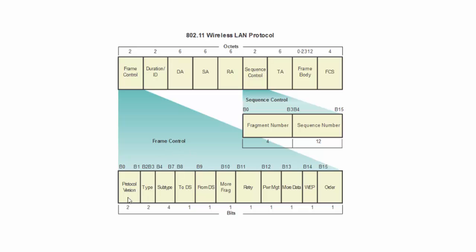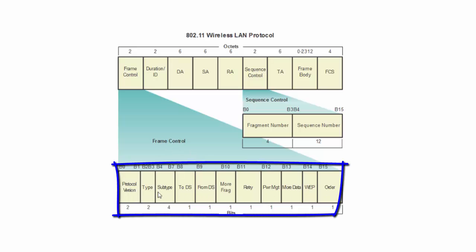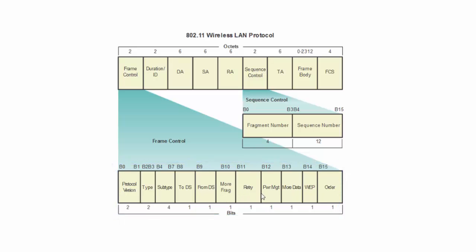The control frame here is rather complex to indicate whether you have encryption or not, whether you have order or not, whether you have fragments of the frame, in which case the wireless frame is divided into smaller segments that each of them will have a sequence number and a fragment number.